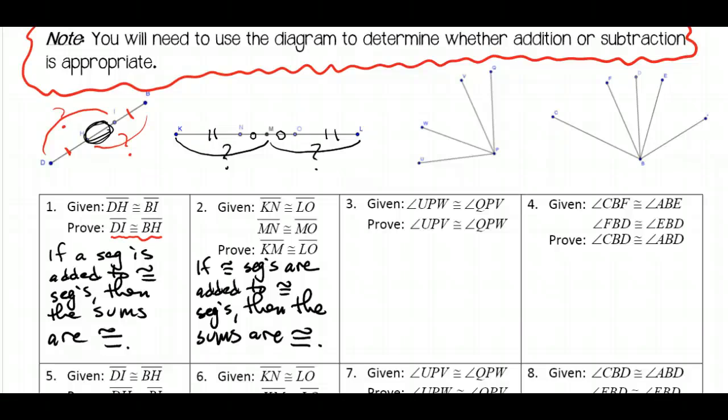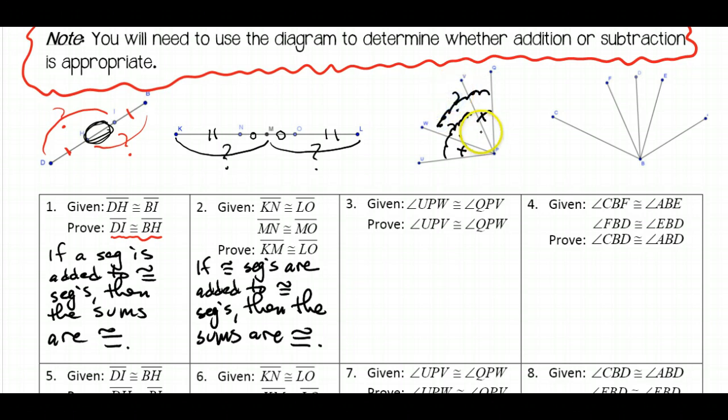Alright, so for number 3 I have angle UPW. So this is UPW is congruent to QPV. That's this one over here. And I want to prove that UPV is congruent to QPW. Right?